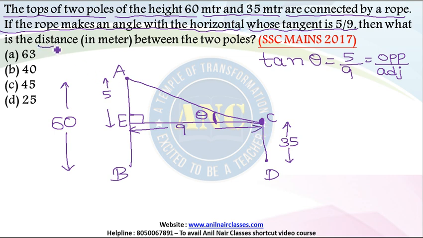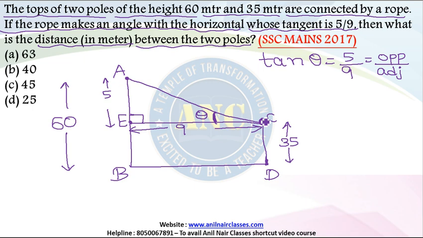Then what is the distance in meter between the two poles? Distance in meter between the two poles is what they are asking. That means the distance between the two poles, this particular distance BD, they are asking. That BD is absolutely the same as EC distance.